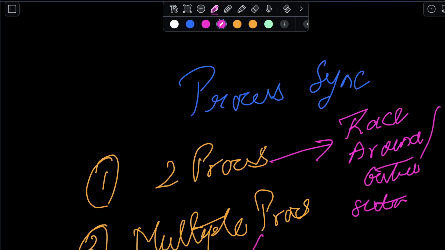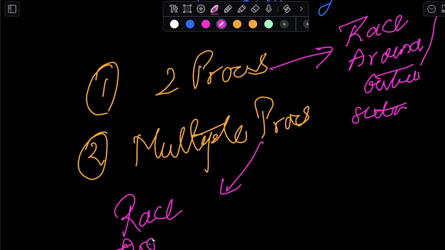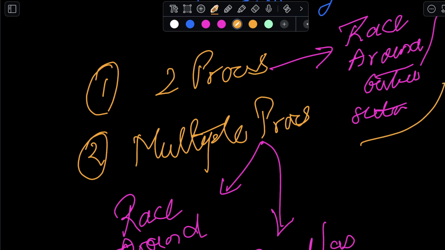But when you have multiple processes, not only do you have a race around, but suddenly you will also run into an issue called deadlock. For two specific processes, there is a solution called Peterson's solution. This is for exactly two processes.